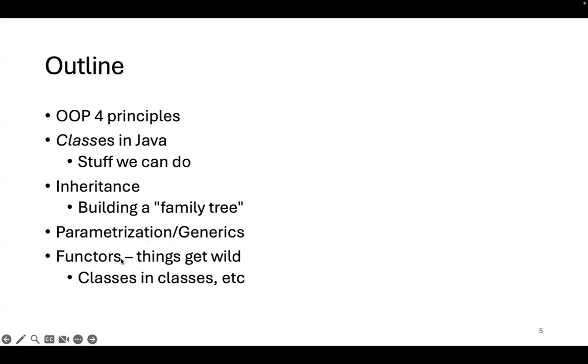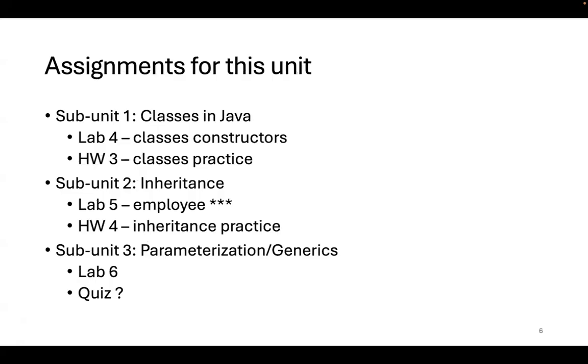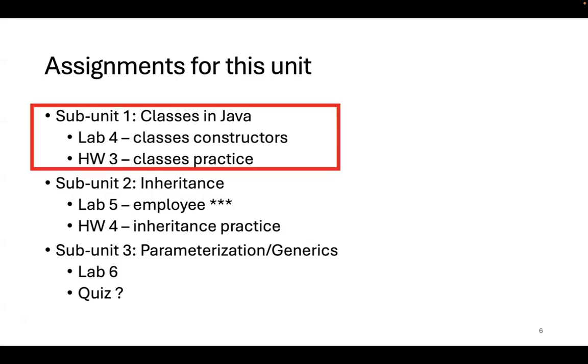And then maybe we'll get into functors and stuff like that. This unit is super big and there's a lot of stuff that we need to cover. And so I'm breaking it into sub-units. So the first sub-unit, which we start today, is going to be classes, where lab 4 will be about classes and constructors.